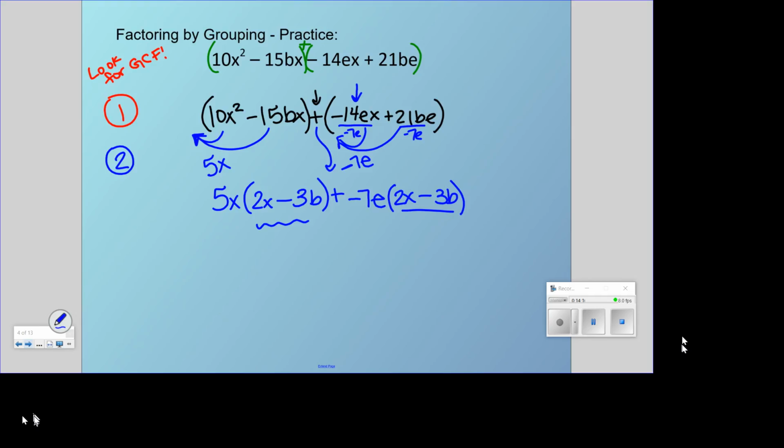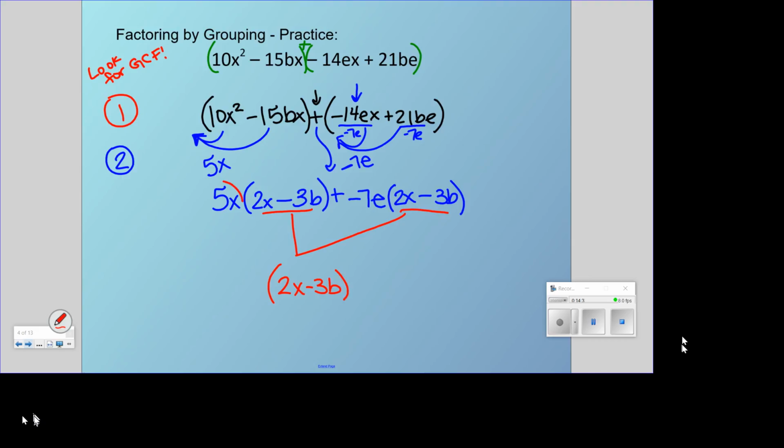And now we have the same things left in the parentheses. So you can't move on to step 3 until you can confirm that what's left in those parentheses are the same expressions. And so now that we've got all the signs correct, we will take that one common binomial that's shared and we write it one time in our answer.